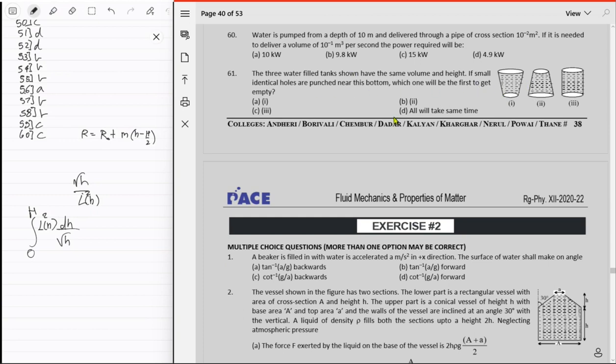So then, at first, it will just not get empty. When h is at its maximum, so square root of h is maximum, your area is somehow really big, so it won't work. And when square root of h is very big, your area is small. So this will actually be the fastest to empty according to me, right?